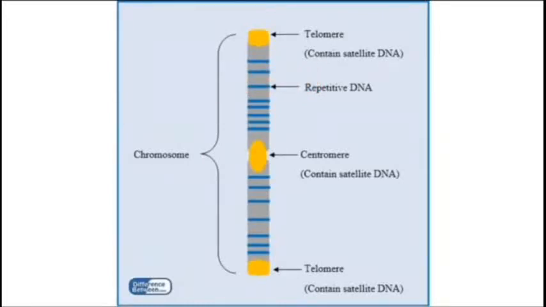All eukaryotes except yeast contain repetitive DNA. Repetitive DNA is absent from prokaryotes. In humans, 30% of the DNA contains sequences which are repeated at least 20 times.